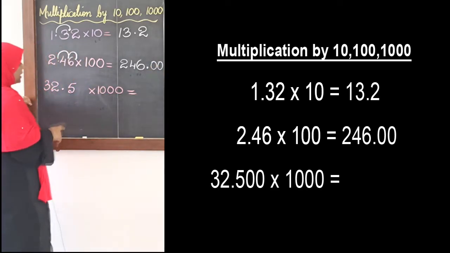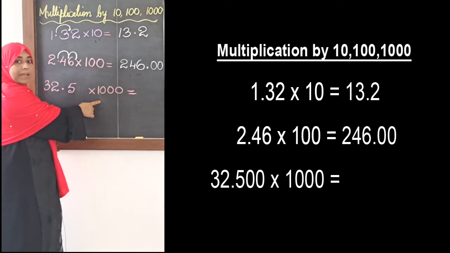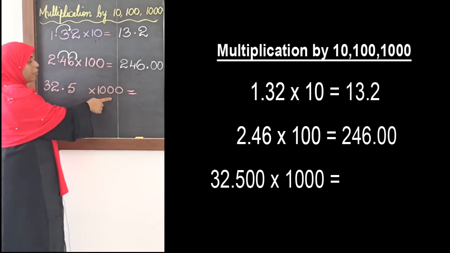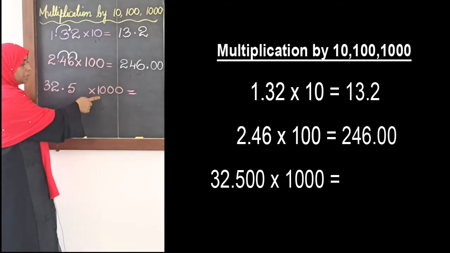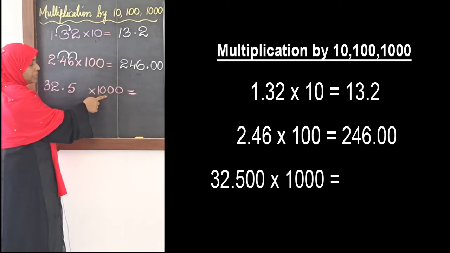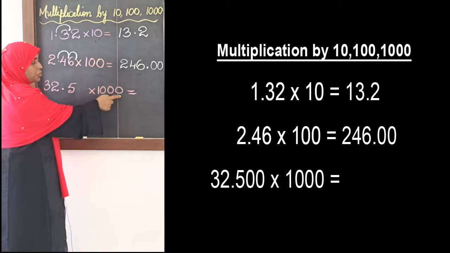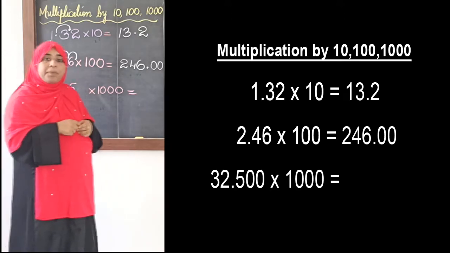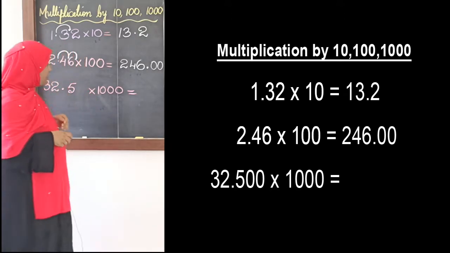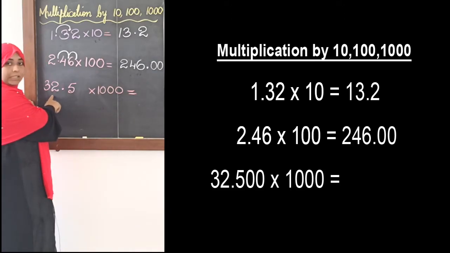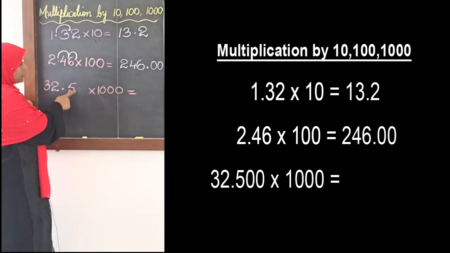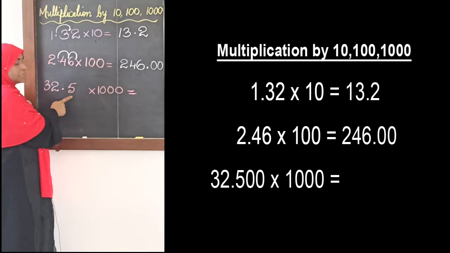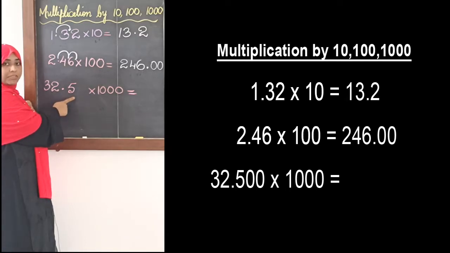Fine. Now, next we are going to see how we multiply a decimal number with 1000. Now, when we multiply with 1000, we see we have 3 zeros over here, 1, 2, 3. So, that means the point has to move 3 places towards the right. Now, the number that I have here is 32.5. I have just one decimal place over here, right, that is 5.